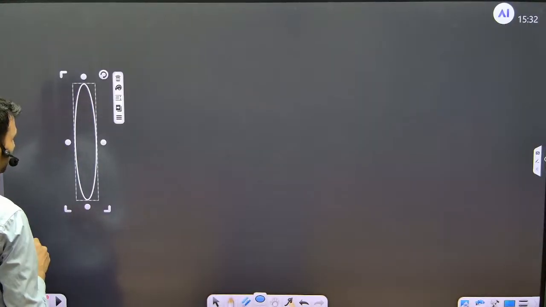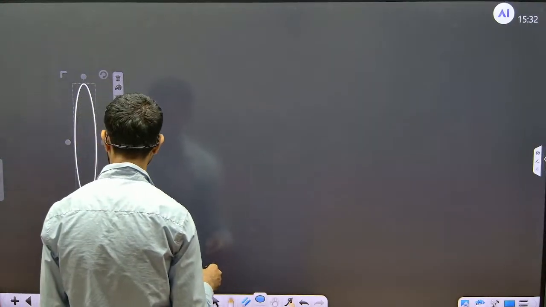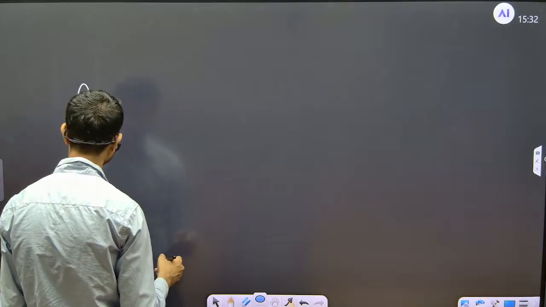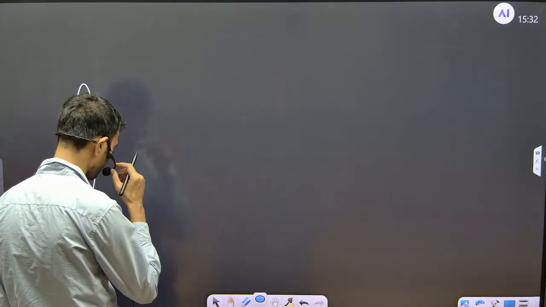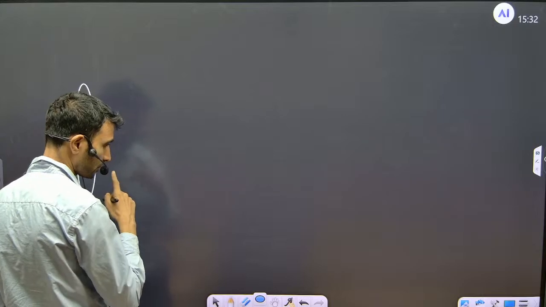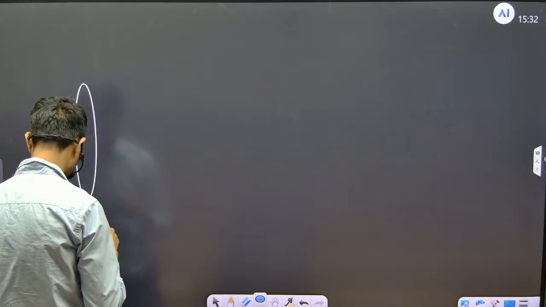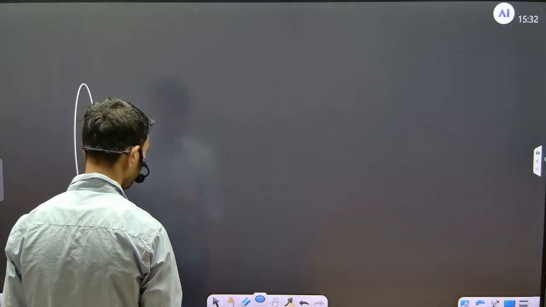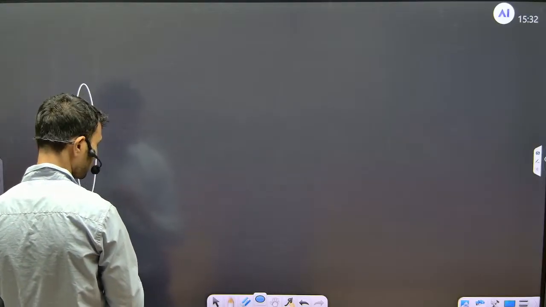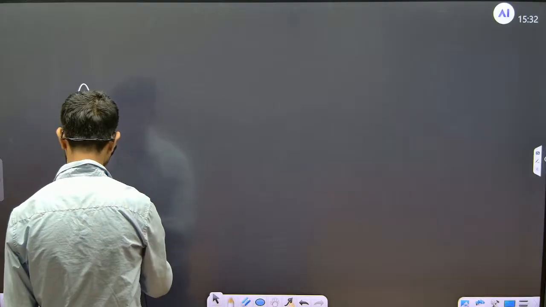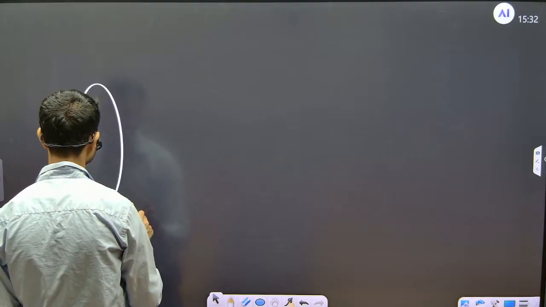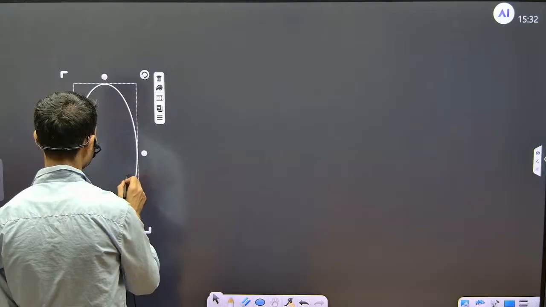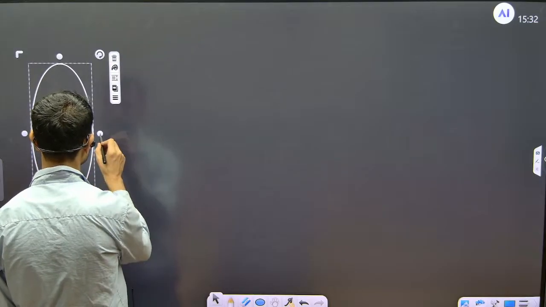Let's say this is the disk, and big disk, right?